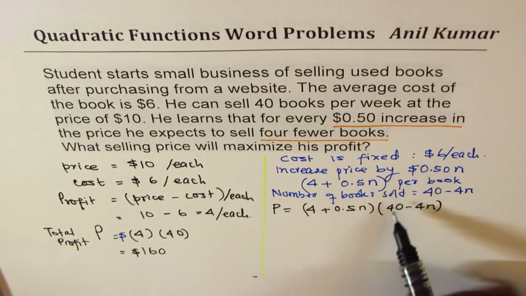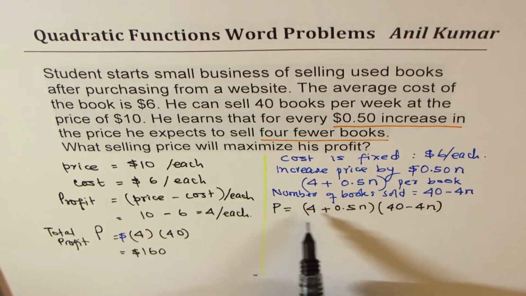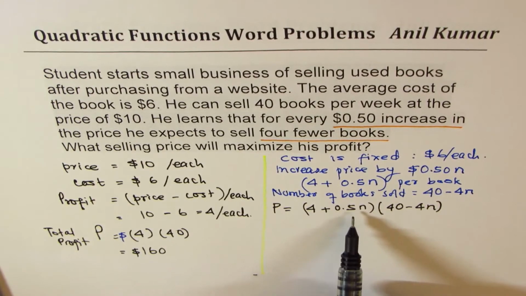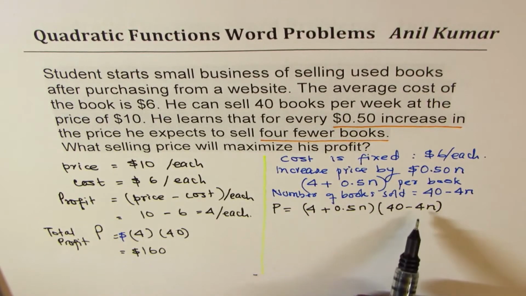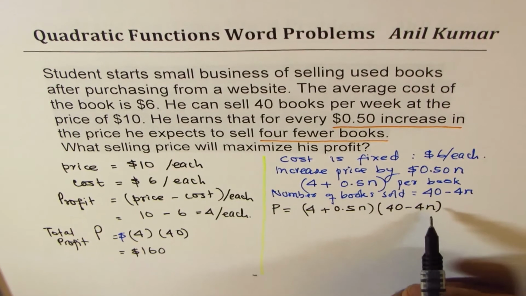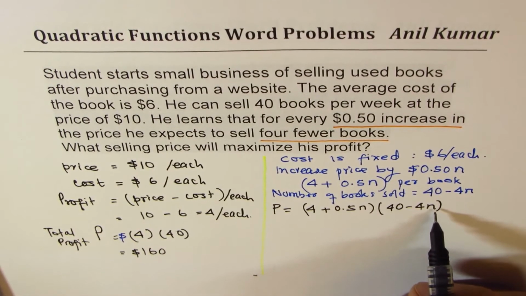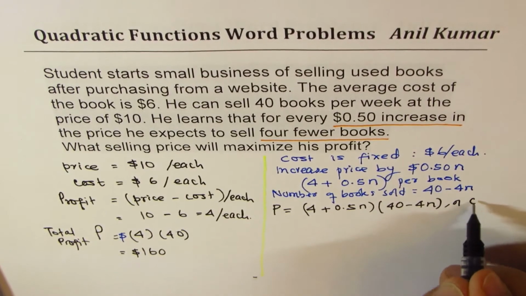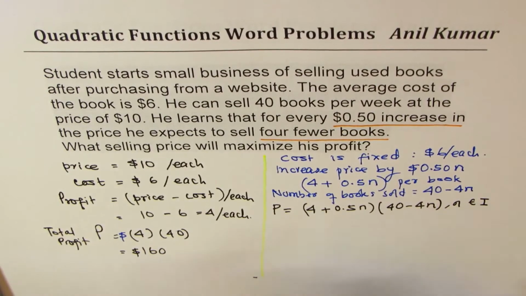So this is very important to understand how the profit changes with every 50 cents increase and a decrease in sales of 4 books, where n could be 1, 2, 3, 4, and so on, correct? So n is an integer. Okay, so you can say n belongs to the integers.